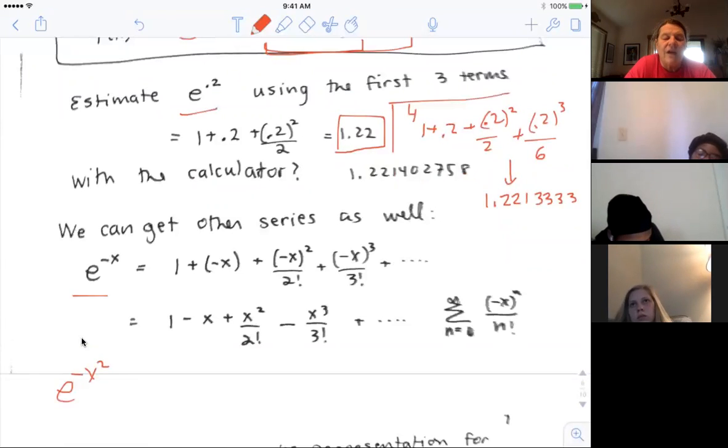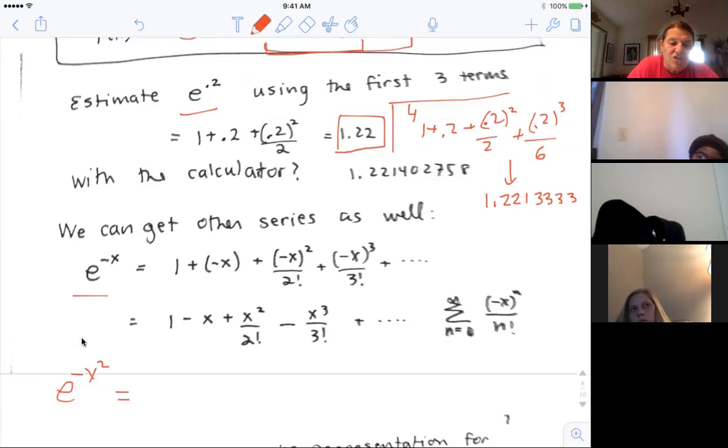And finding area under the normal curve is important. The probability that you're going to be under the normal curve is 1. What's the probability you're going to be in a certain area of the normal curve will be an integral. I can't integrate it normally. But if I rewrite it as a power series, I can integrate it term-wise.